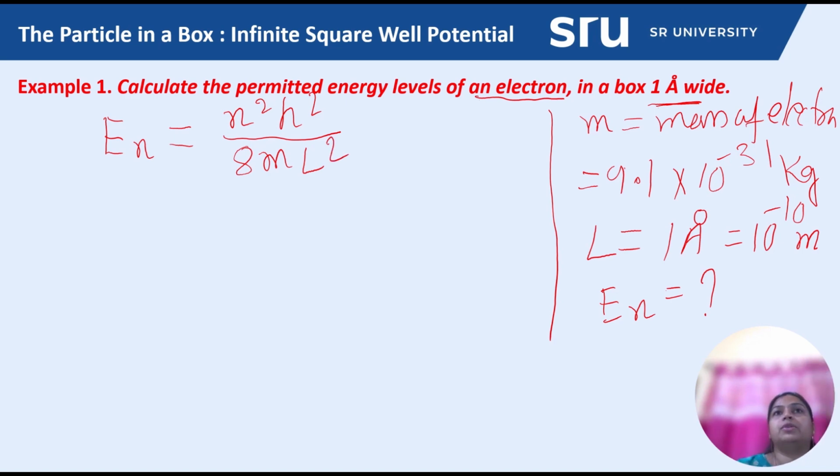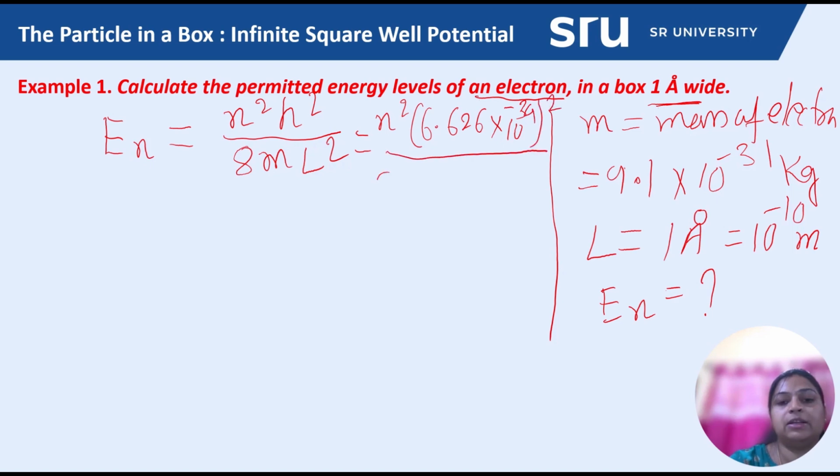Here h is Planck's constant, so this is n square into 6.626 into 10 power of minus 34, squared, and then 8 into m value. If we substitute all these values, one can get 9.1 into 10 power of minus 31 into L square, where L is 10 power of minus 10, squared.